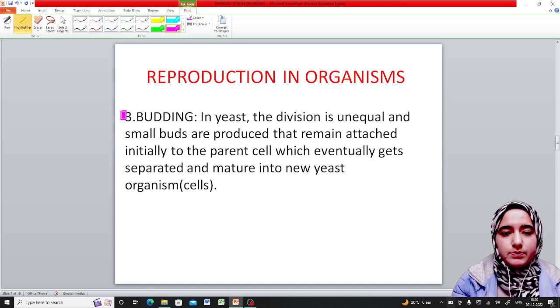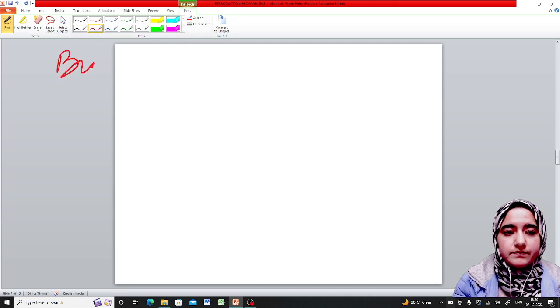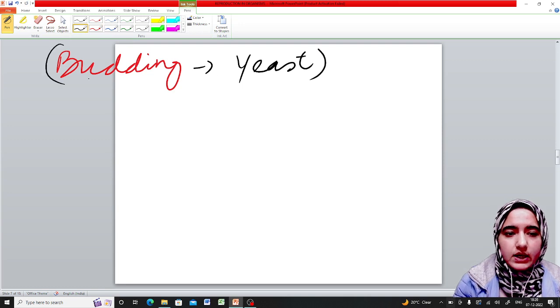Next one is budding. What does budding mean? Budding takes place in yeast. Say, for example, this is yeast, and a small bud is produced like this.